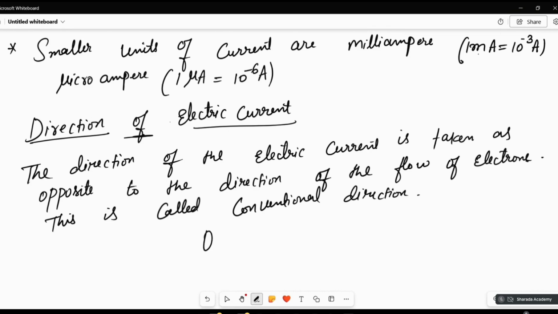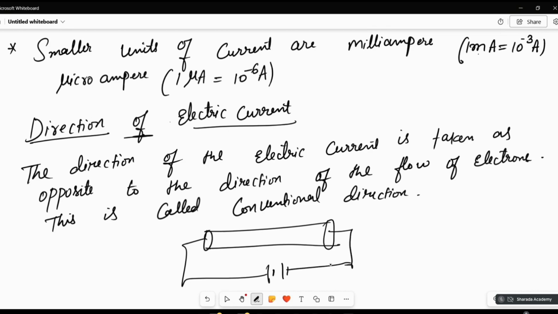Listen here. If you consider one wire like this, and I apply a voltage by a battery, this is the positive terminal, this is the negative terminal. Free electrons get attracted towards the positive terminal, so they will flow like this.